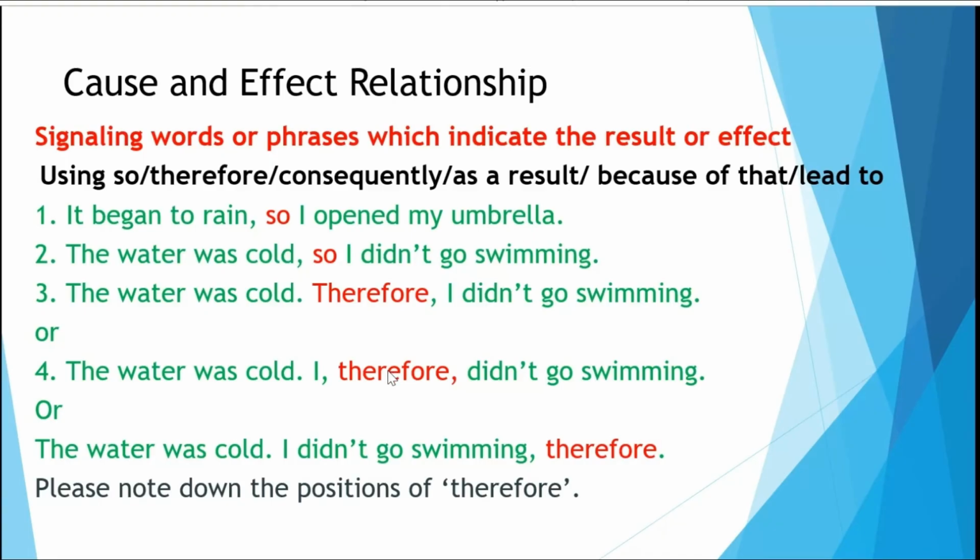So you can just change the place of the word therefore in sentences, or you can also put it at the end of the sentence, like, "The water was cold, I didn't go, comma, therefore." So I hope that's clear. You can use it in three different ways, the way you like. The meaning remains the same, having no change in the meaning.